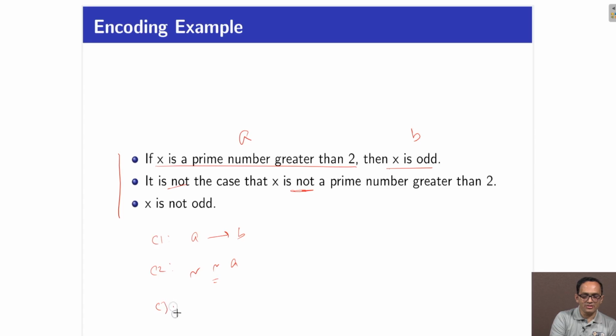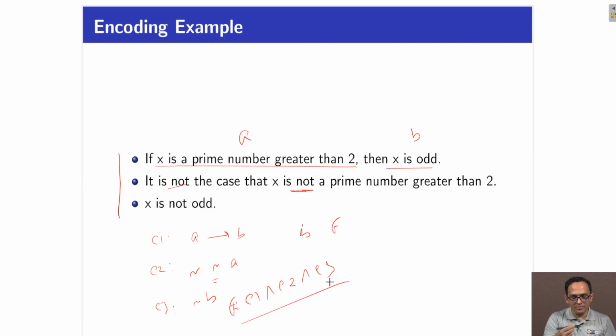And C3 is quite simple: x is odd is b, so it is not b, right. So, I have now encoded these three sentences using propositional logic. What I have to check is f, which is effectively C1 and C2 and C3, right.